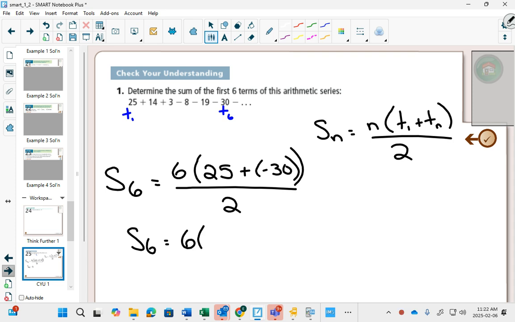So this would be 6 times a negative 5, all divided by 2. And we get negative 15. Circle question number 4.